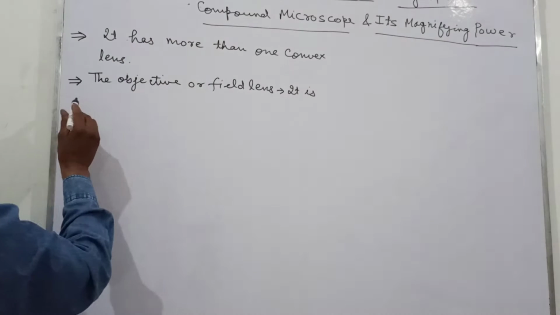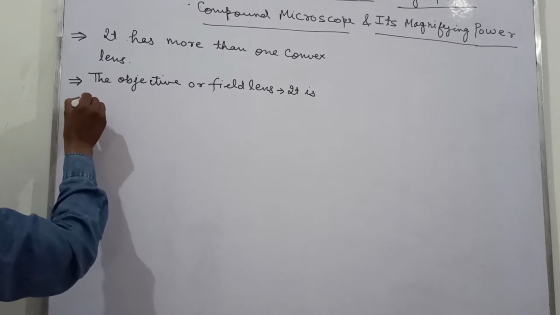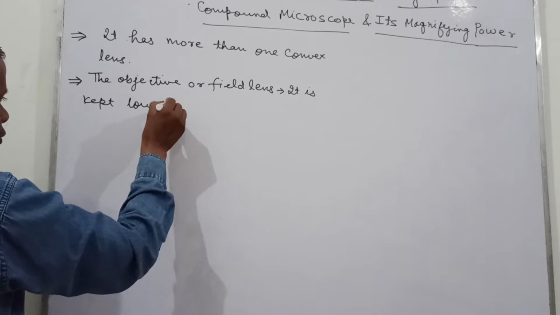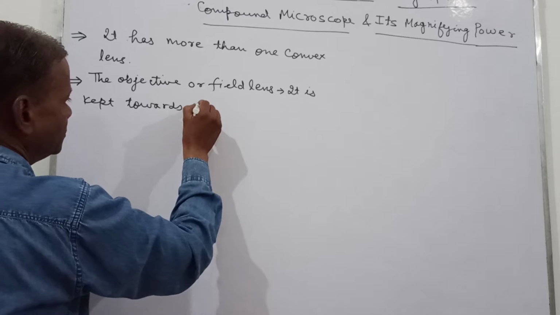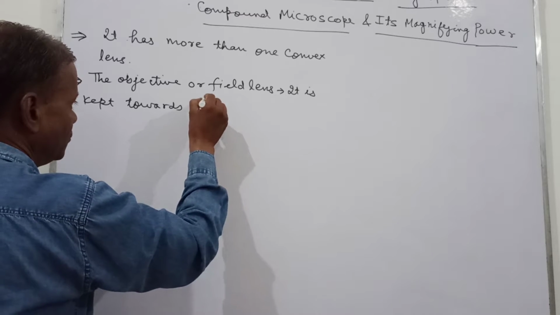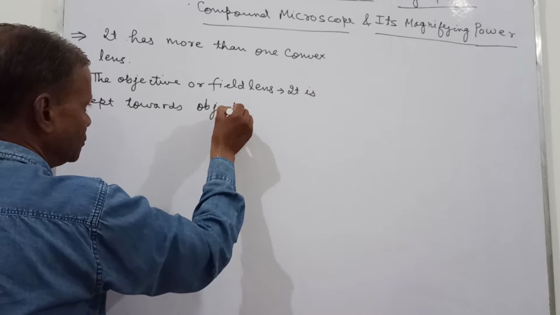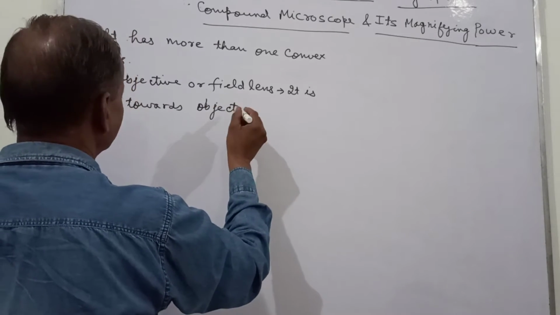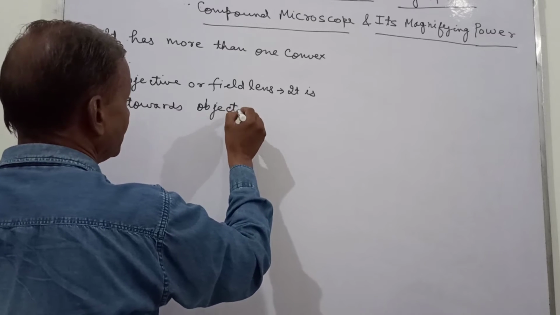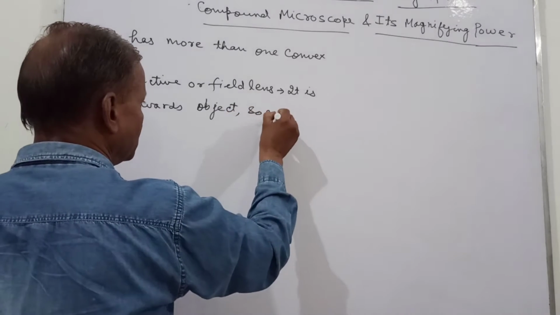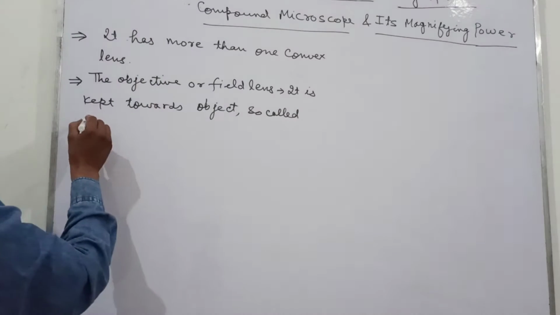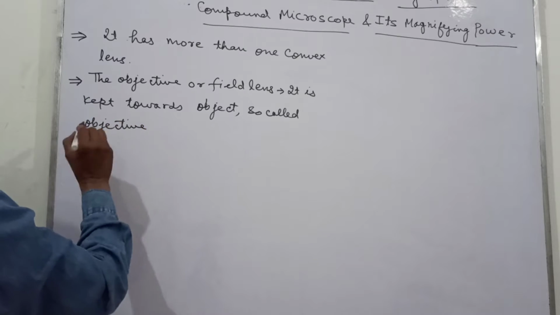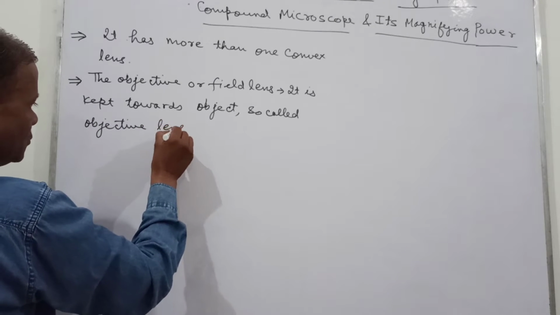It is kept towards the object. So it is called the objective lens.